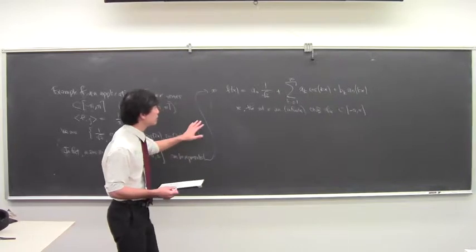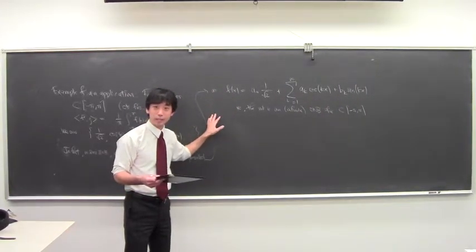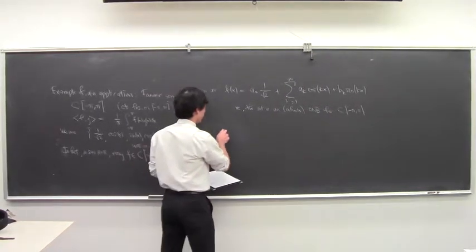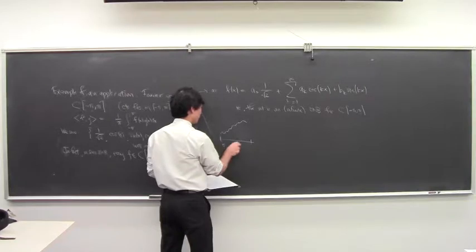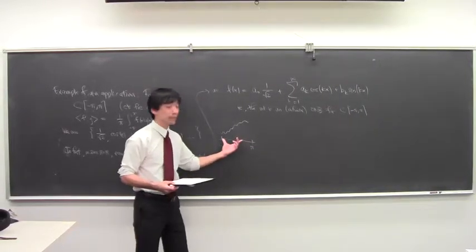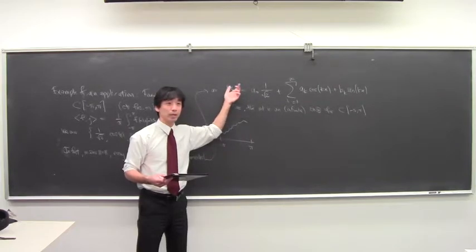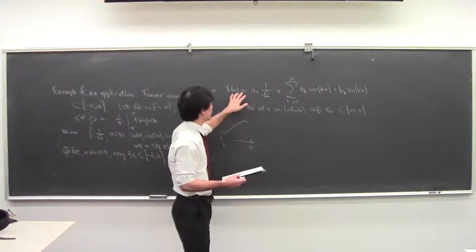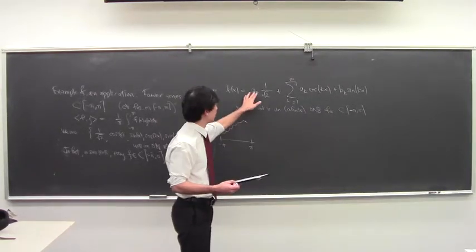Okay. In any case, just believe for now that any function, any sound that you have over some fixed time interval can actually be realized as some combination of waves. And so if somebody gives you a sound, we can figure out the coefficients.